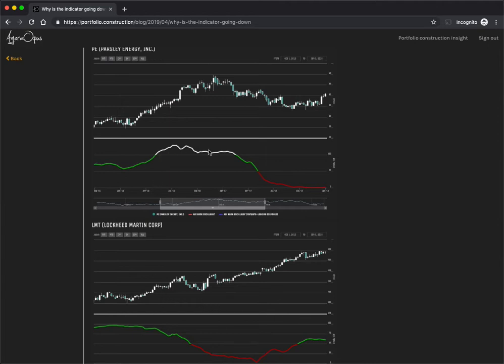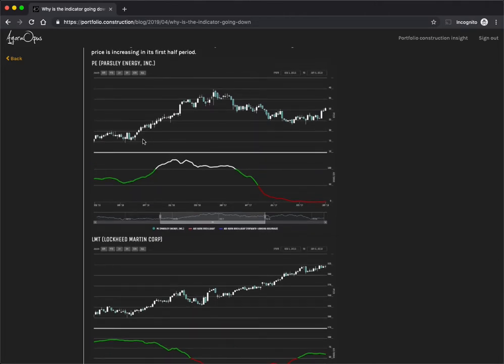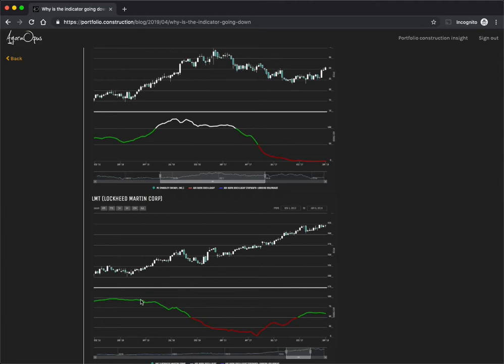What we'll see is that the indicator here is high and going up initially and then staying high, because we're stating that this asset will have a better performance than some other assets, and some other asset in this example is Lockheed Martin.